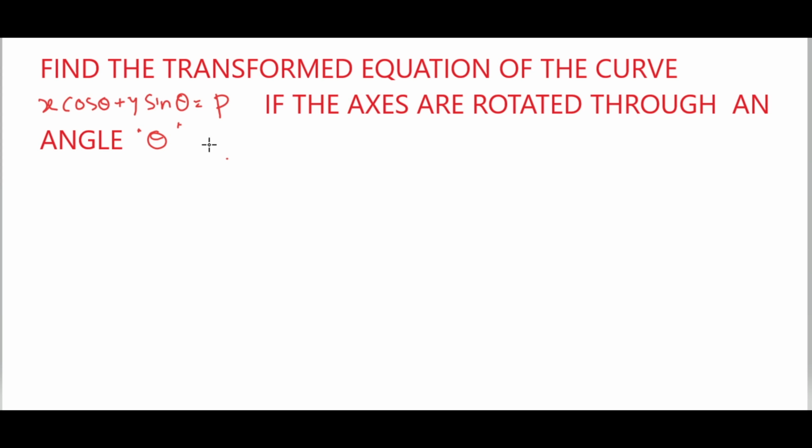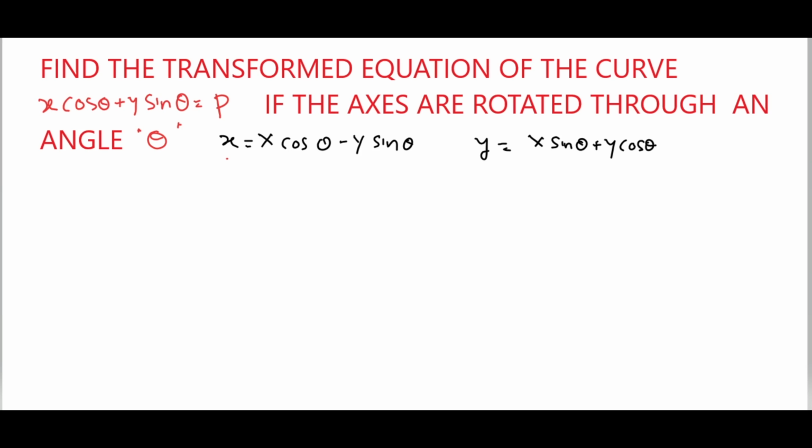Axes are rotated through an angle theta, that is small x is equal to capital X cos theta minus capital Y sin theta, and small y is equal to capital X sin theta plus capital Y cos theta.